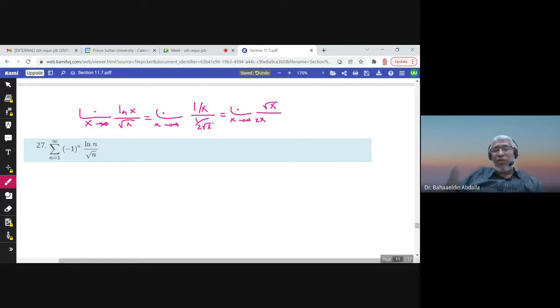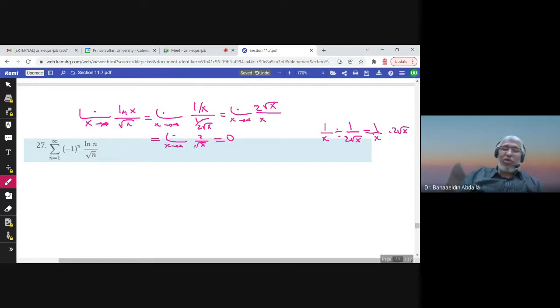You can simplify it if you like by writing it 1 over x divided by 1 over 2 square root of x, and then 1 over x times 2 square root of x. So this 2 will not be here. It will be up. So I'll have 2 square root of x over x, or 2 over square root of x, so the limit is 0.